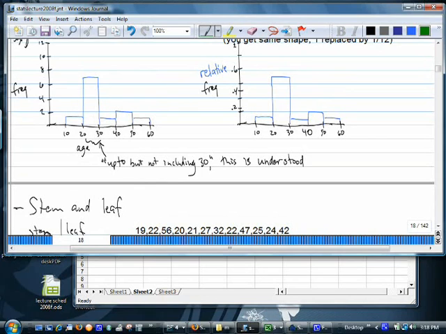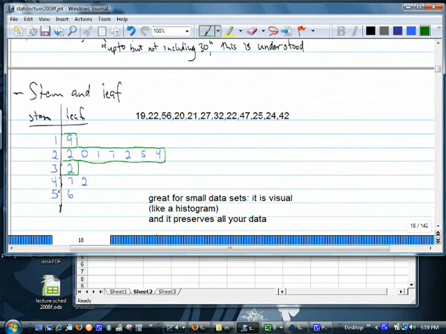When would you not want to use a stem and leaf diagram? That's true. You can't use it for qualitative data, of course, because there'd be no stem and no leaf. That wouldn't work. When else would you not want to use this? When there's a lot of data. What if you have 10,000 numbers? Would you want to do this?